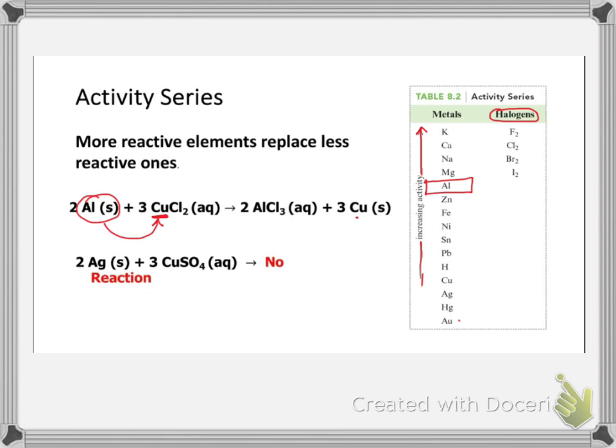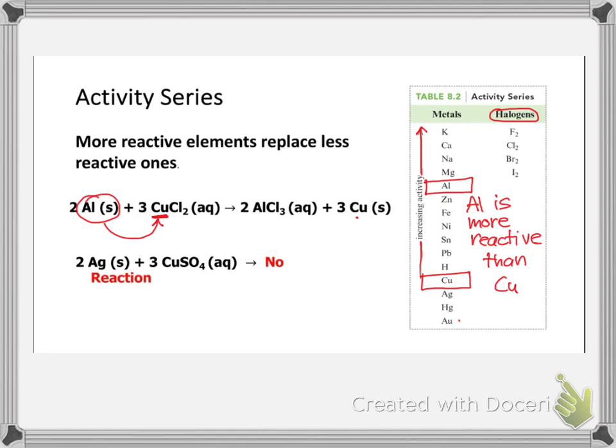Well, if I look here, copper is below aluminum. So aluminum is more reactive than copper. It's above it. And so aluminum will kick out copper. Okay, because aluminum is more reactive than copper. It's above it on the chart. So aluminum will kick out anything that is below it on the chart.